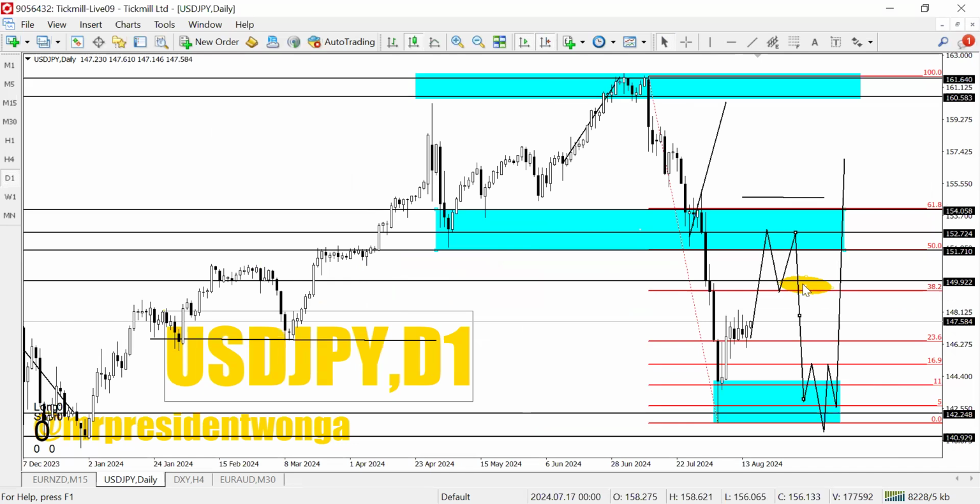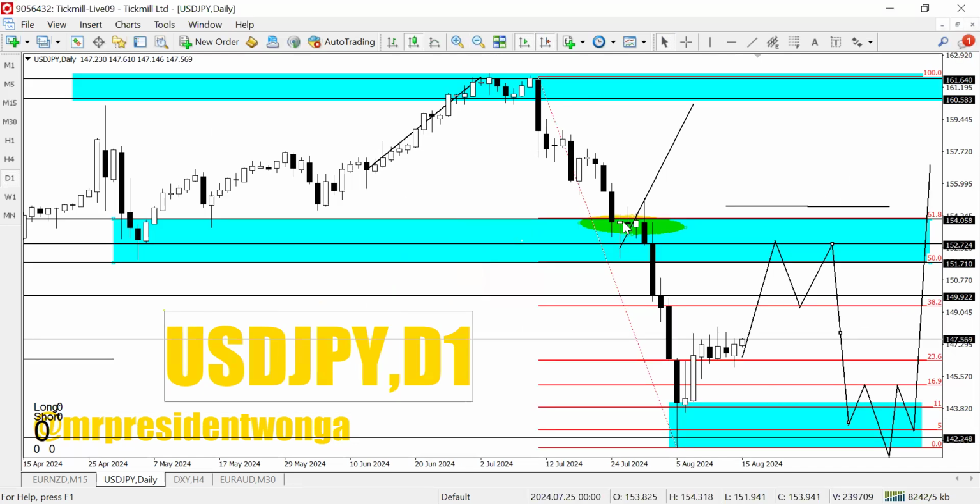So we can consider this as a swap zone, but we need the price to come to the zone. We need the price to come here. Then we know that actually this is a swap zone. But for now, because this was a rally base drop, and then this was a drop, and then a base, and then a drop. And then obviously at this level, there was that going on there.